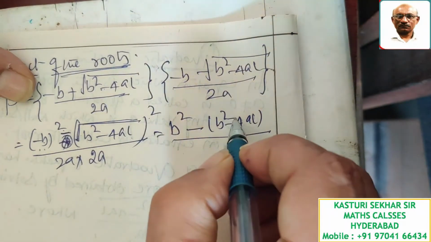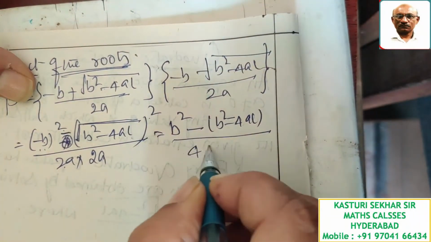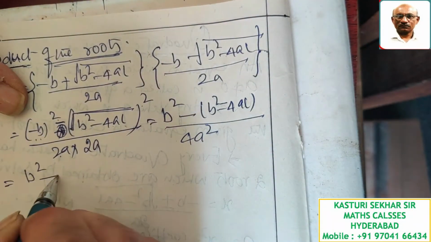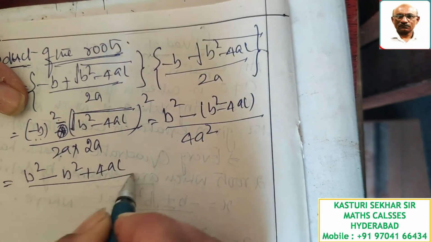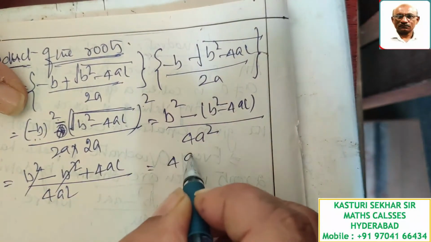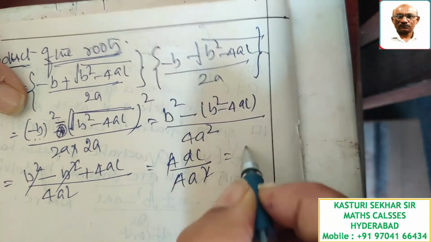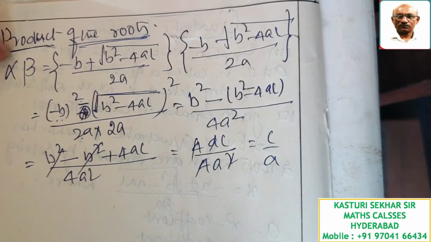When you are squaring, the root is eliminated. 2a into 2a is 4a square. This is b square minus b square plus 4ac, divided by 4a square. 4ac divided by 4a square is c by a.